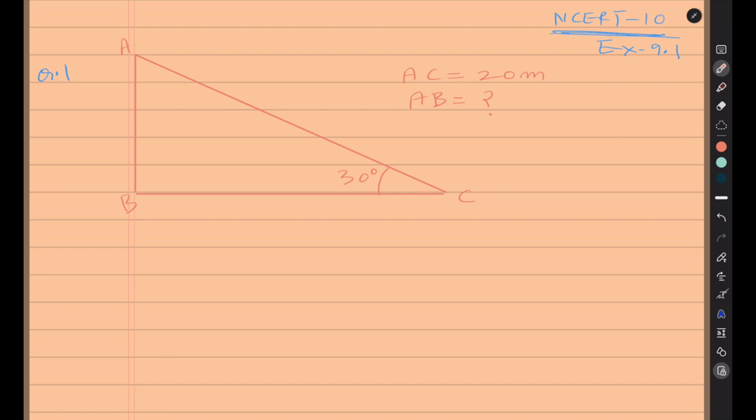So we need to find AB, and AC, which happens to be the length of the rope, is given as 20 meters. Let us assume AB is H. So only two things are given, this 20 and then H.